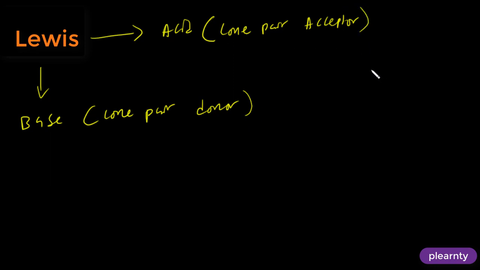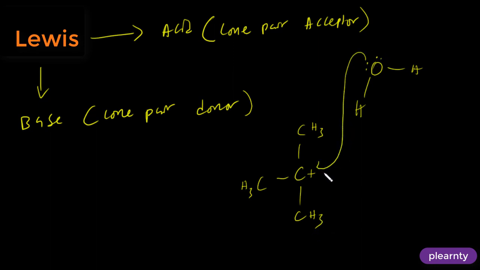So looking at water, water has oxygen, and oxygen is bonded to hydrogen, which makes up water. So let's look at this compound. This is a carbocation. If this is binding to this, this here, possessing a lone pair itself, is acting as a base, and this that is accepting this lone pair is acting as a Lewis acid.